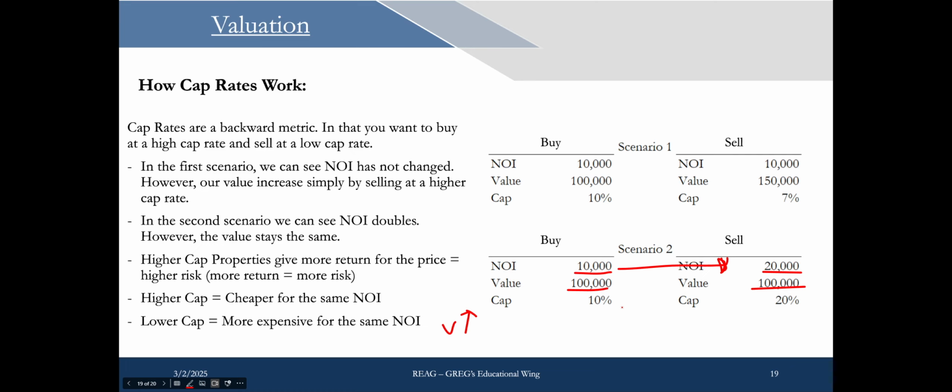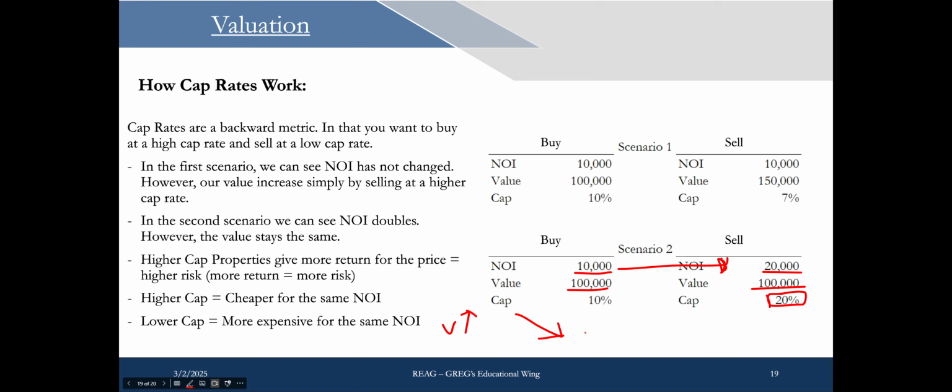Therefore, in order for them to be convinced to buy the property, they have to be offered a very, very high rate of return, which is reflected by our cap rate. So with the cap rate going up, your property value will go down. They will be getting a good deal if they are the type of investor to go for really high risk things.